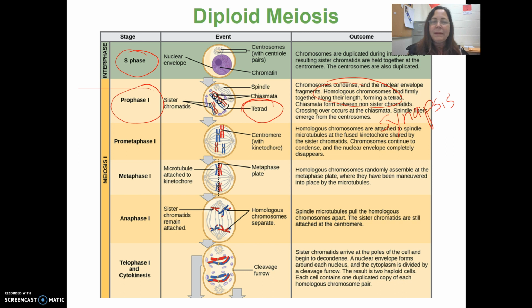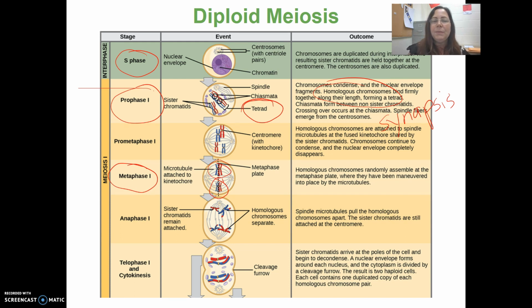But when the chromosomes move toward the metaphase plate, they're going to move in pairs. So in metaphase 1, you can see that they are lined up instead of in single file like they were in mitosis. They are lined up on the metaphase plate in homologous pairs. The pairs are actually lining up.